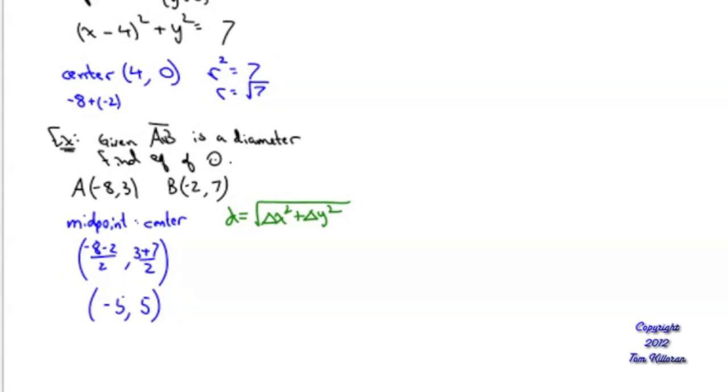What 2 points am I going to be working with? You could use A and B, but then you'd have to take your answer and cut it in half. The problem with going from A to B is a lot of people forget to cut it in half. Or you can use your center and one of the original points. It doesn't matter which way you go, but I suggest center to original.